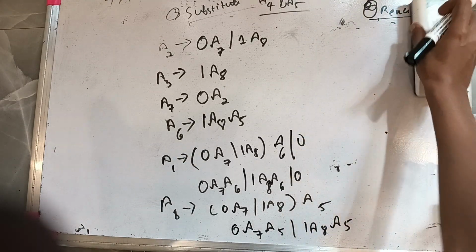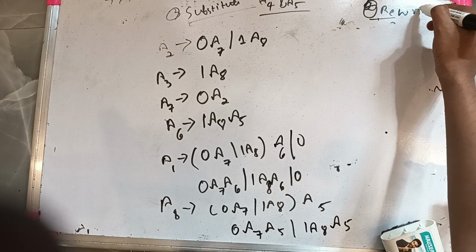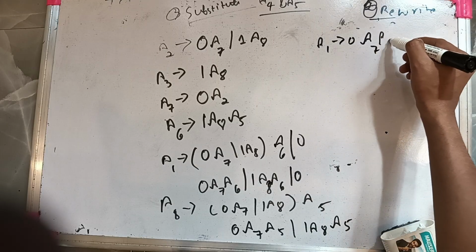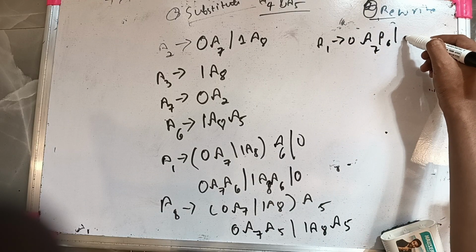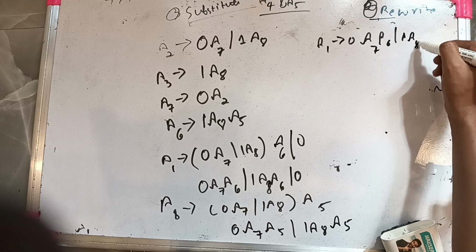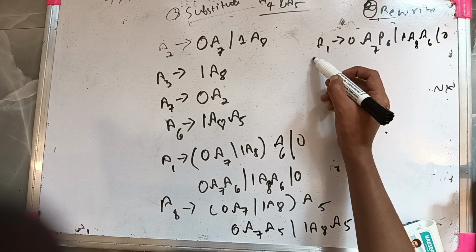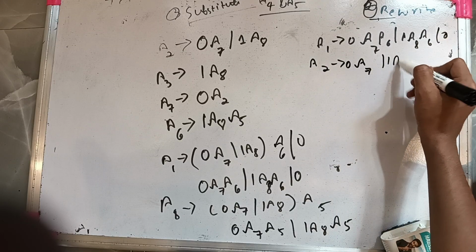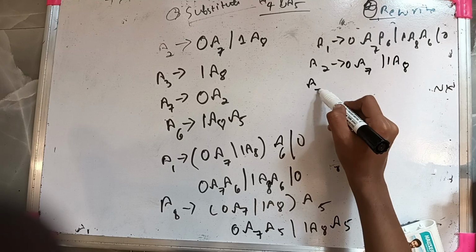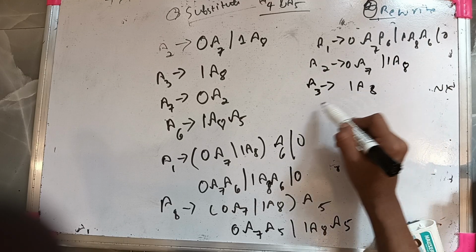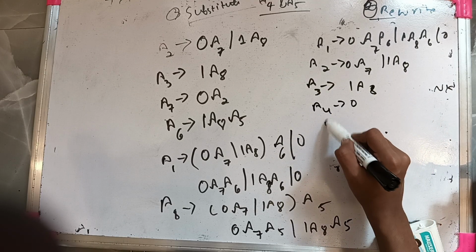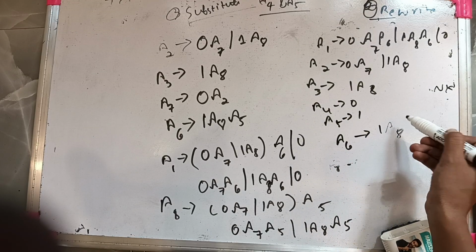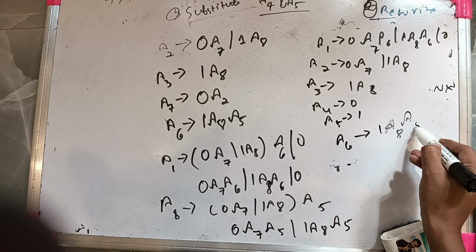rewrite. A1 gives what? 0, A7, A6 and 1, A8, A6, 0. A2 gives 0, A7, 1, A8. Next A3 gives 1, A8. A4 is 0, A5 is 1 and A6 gives 1, A8, A5.